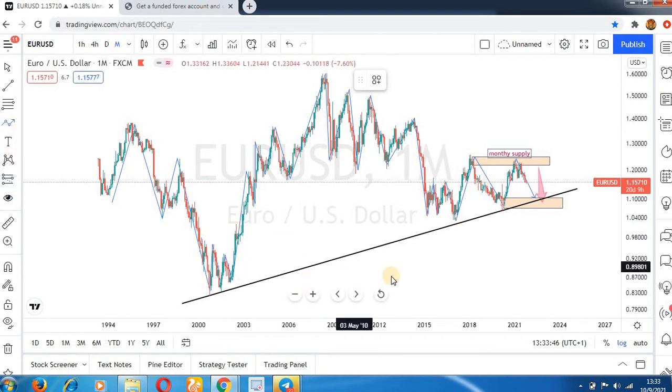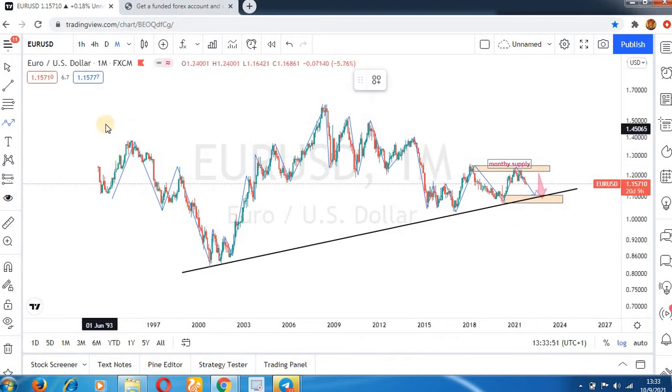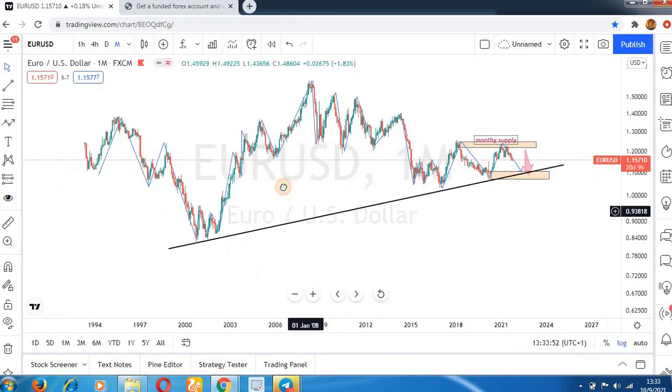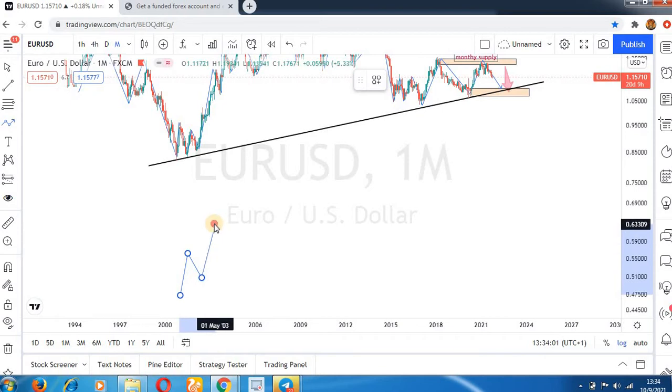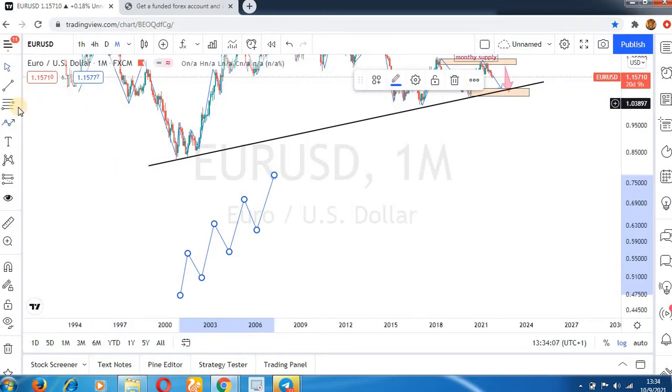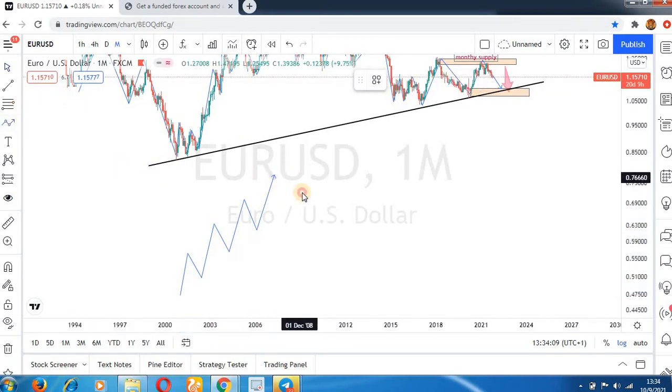So when you say a bullish structure, let me take this up so we have a free space here. When you say a bullish structure, we have the market making higher highs and higher lows. Then when we say we have a ranging market, the market makes almost equal highs and equal lows.